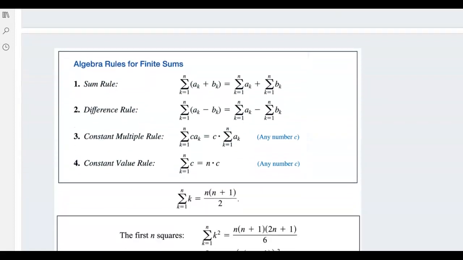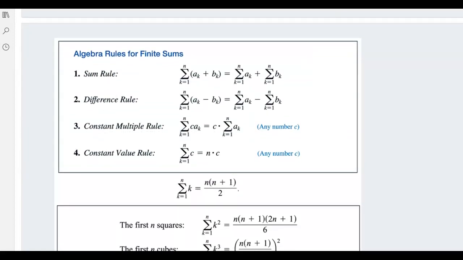Some of the rules that we'll be using are, if I have two different summations and I add them together, if I have two terms, I can split them into two different summations. And same for subtraction in that second row. The constant rule says that if I have a constant c that's inside the summation, I can pull it out to the front and multiply the whole thing by that constant.